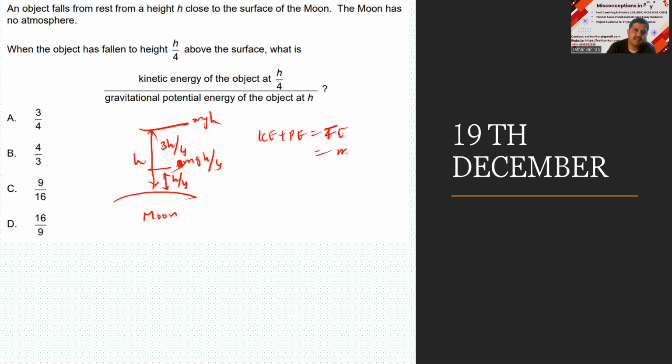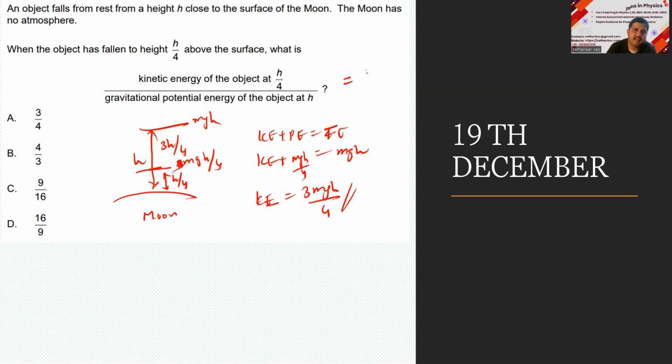Total energy here was mgh. Here it is kinetic energy plus the potential energy at this point, mgh by 4. Thus, the kinetic energy here will be equal to 3 mgh by 4.